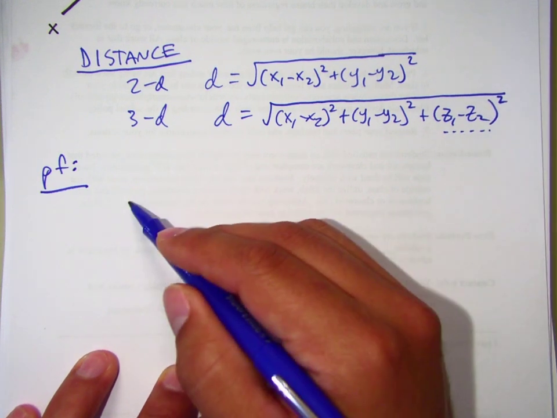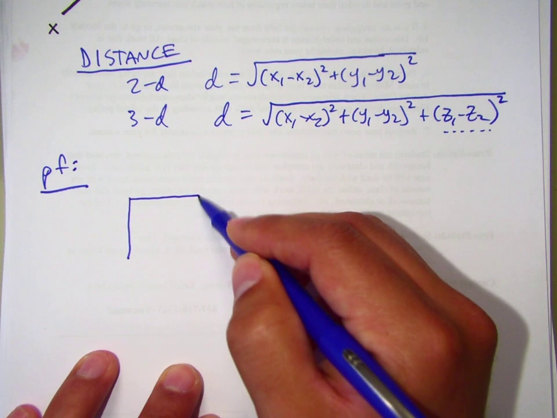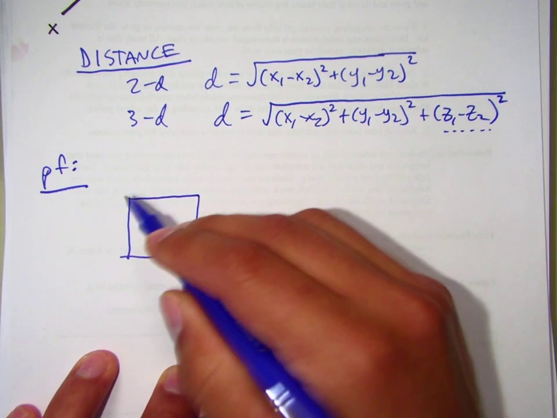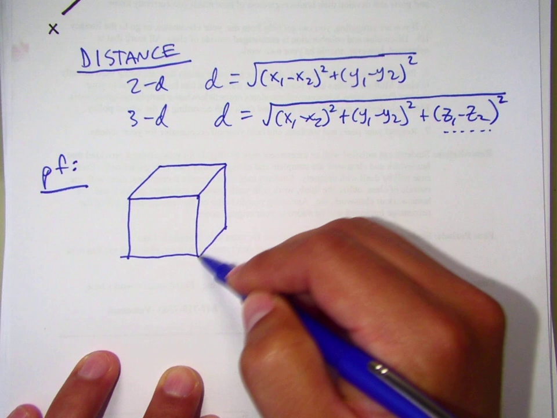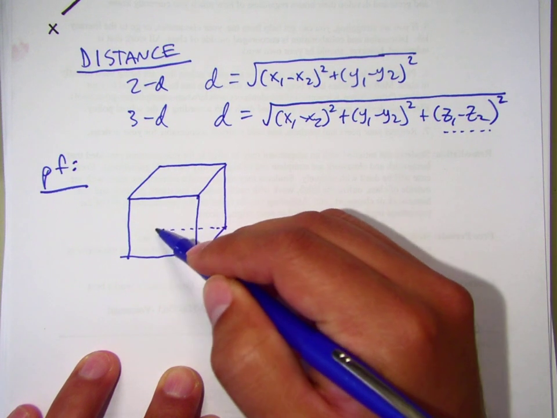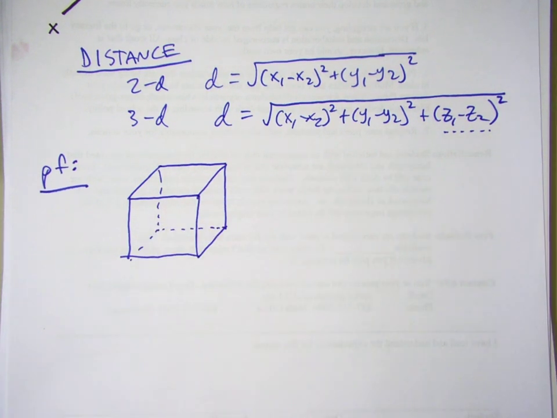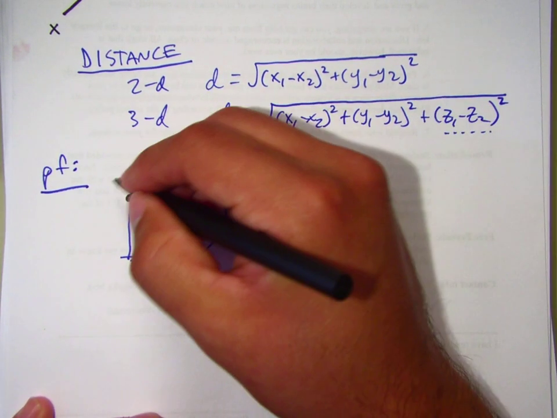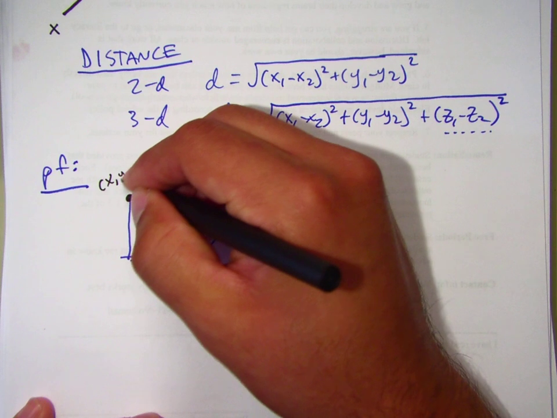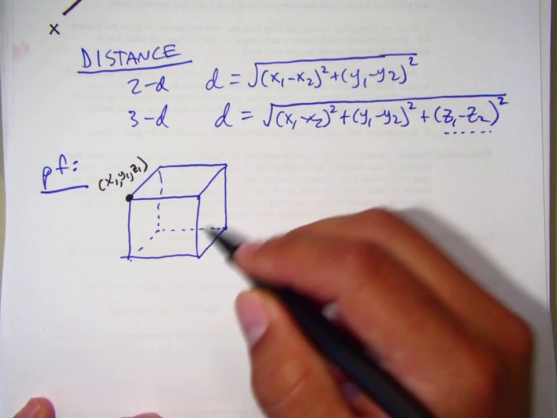So if you start by drawing a box, and let's say you label this top left corner, that'll be our x1, y1, z1.